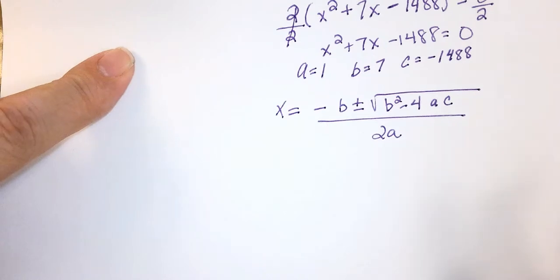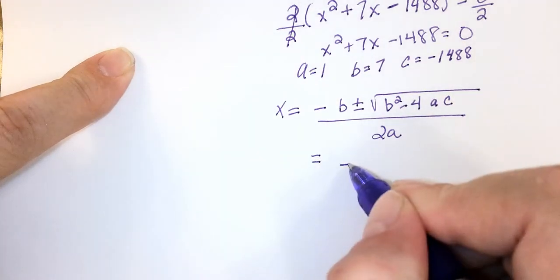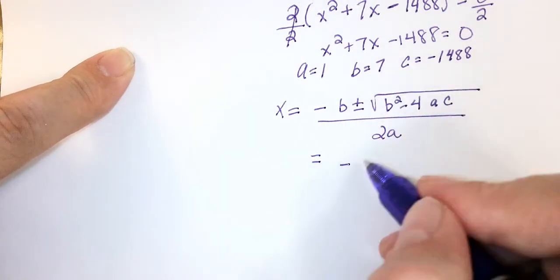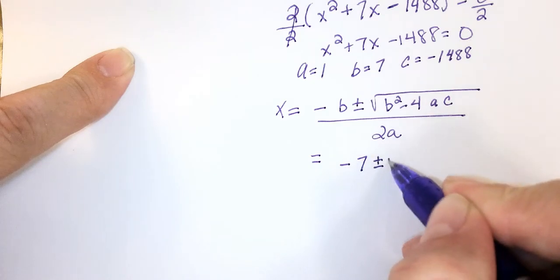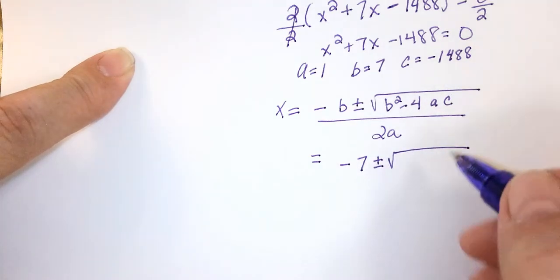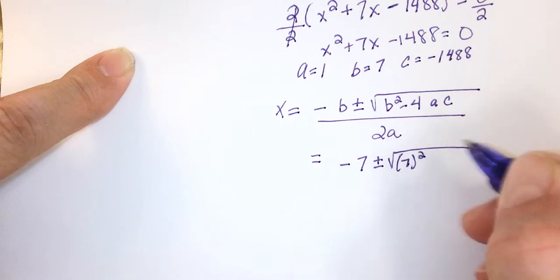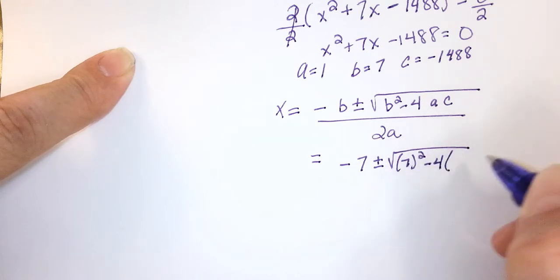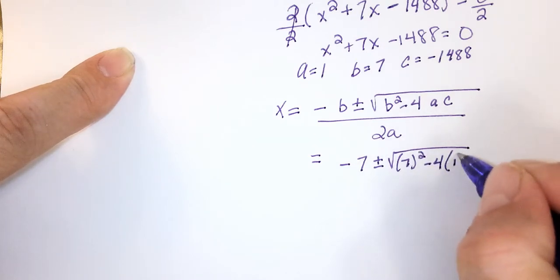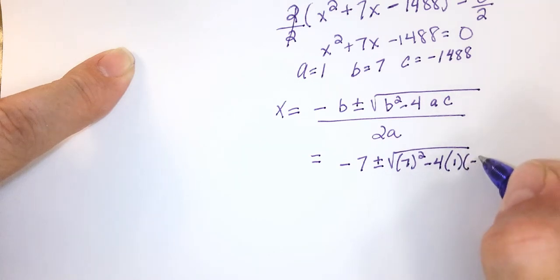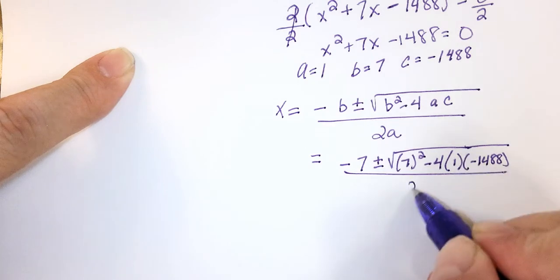Let's plug in now. Minus b, which is 7, plus or minus the square root of b squared, so that's 7 squared, minus 4a, I get 1, and c is negative 1488, and then all over 2a, which is 1.